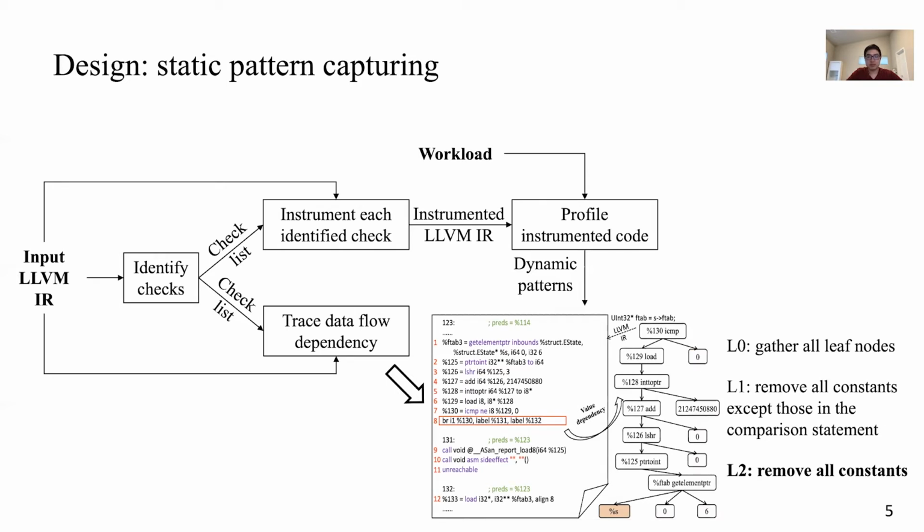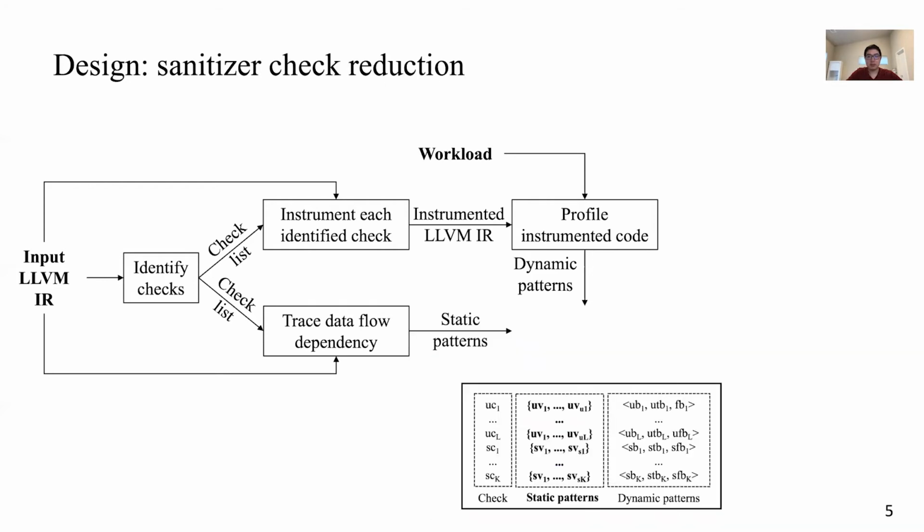For L2 scheme, we canonicalize the collected set of leaf nodes by eliminating all constants from the set. The static pattern of each check is defined as the canonicalized set of leaf nodes, namely their value dependency sets.